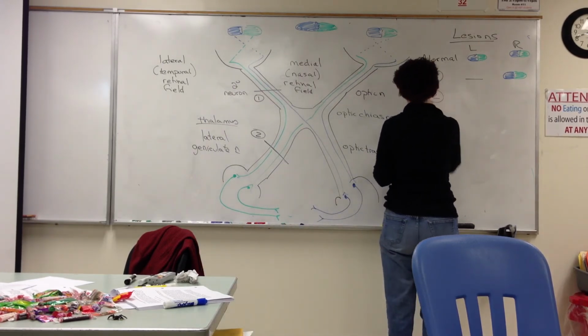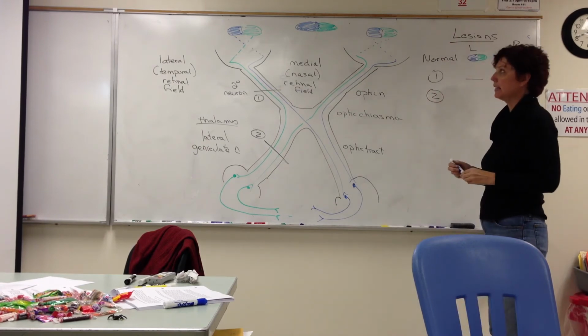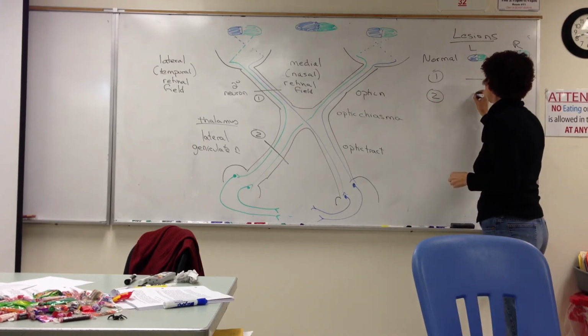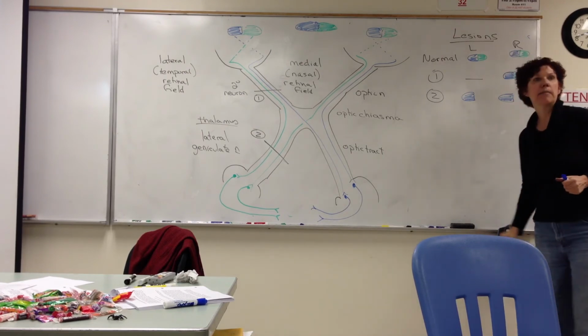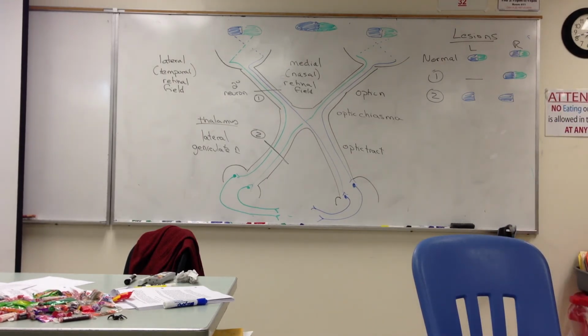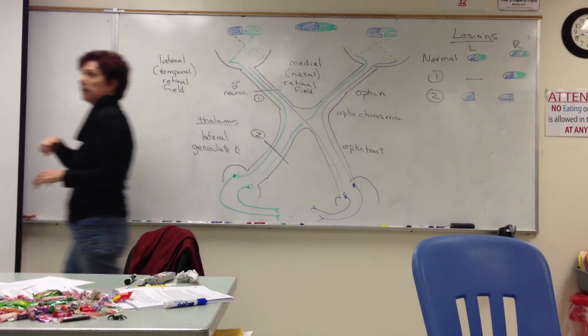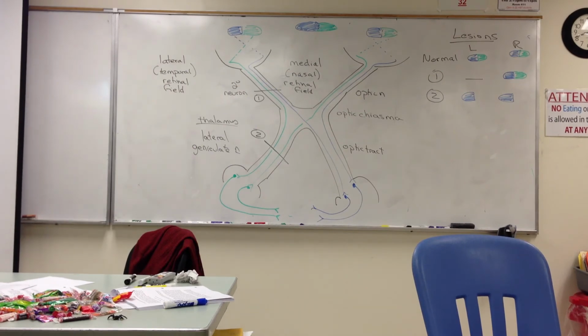So for lesion number 2, at the optic tract, I am only going to see that view for each image. If my left optic tract was cut and I was looking at this image, the only thing I would see would be the left side. I'm focusing at the image, and this says right eye because it's looking up from the bottom.